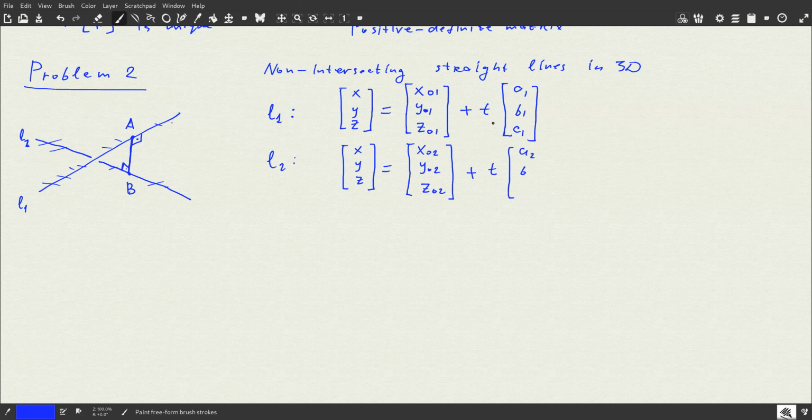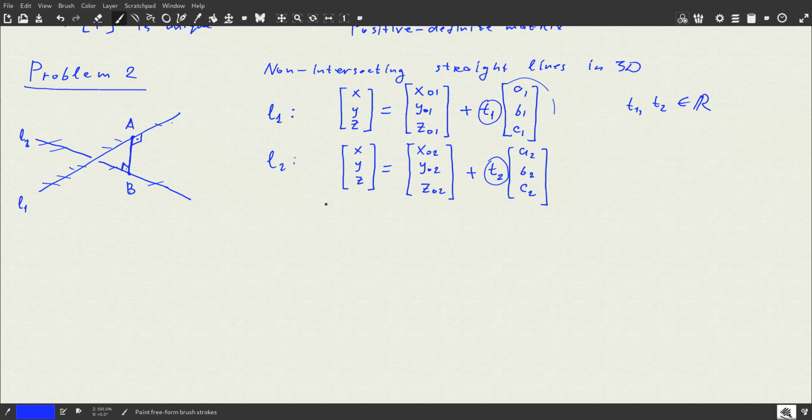So let's denote them by different letters. So for example, this is a parameter t1, this is a parameter t2. t1, t2 are real parameters. Again, we can assume that the directing vectors are obviously non-zero.